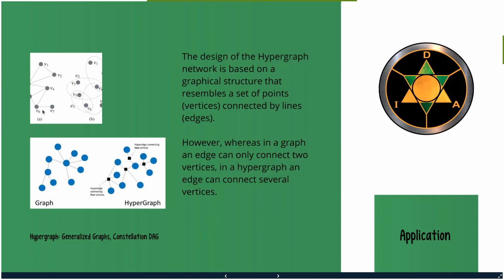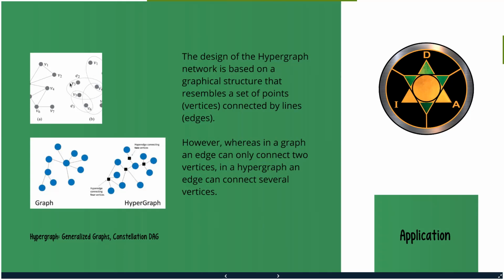But that's really interesting when we look at the hypergraph, which is definitely different. When we're talking about a graph, one edge can only connect two vertices. When we talk about a hypergraph, the concept of edge, which was here a line, becomes kind of a circle.